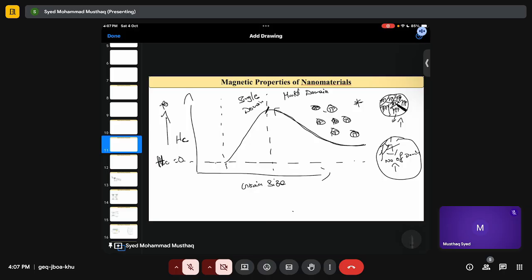And sir has explained the exchange interaction, and I don't think there is a need for the exchange interaction. Again, I have explained this. Exchange interaction is purely a quantum mechanical term. You cannot explain it physically.